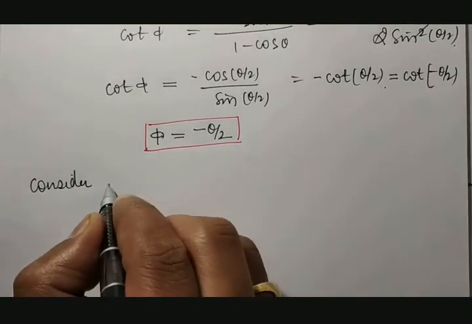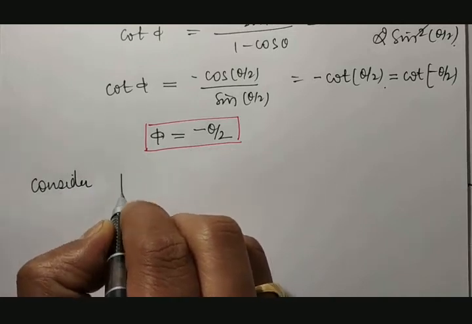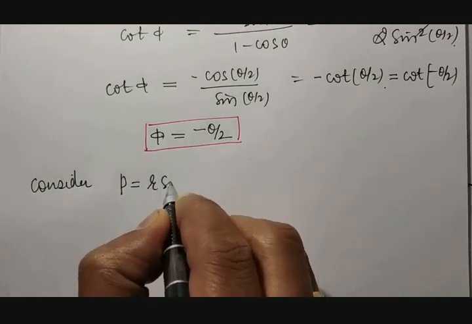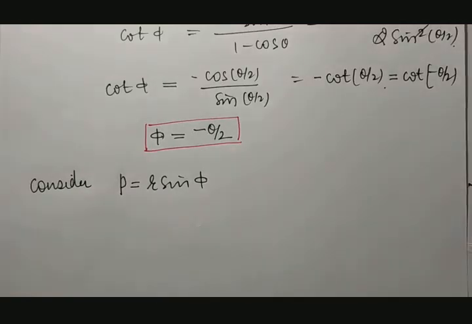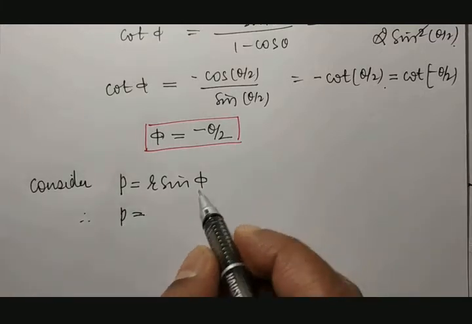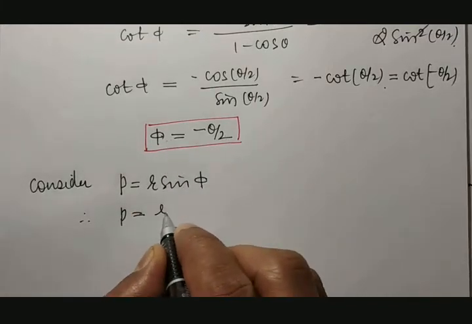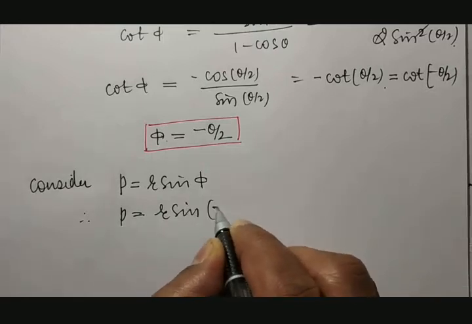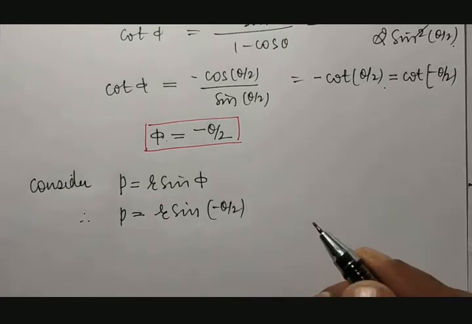Fine. Substituting this value, consider the expression p = r sin φ. Okay. So substitute in this expression. Then it becomes p = r sin(-θ/2), where I substitute the value of φ.